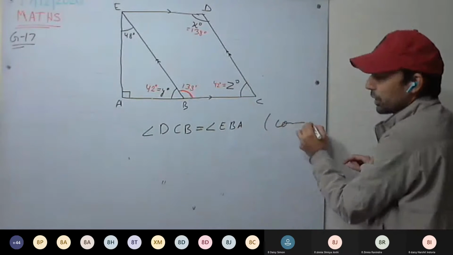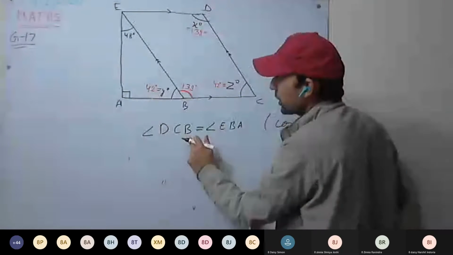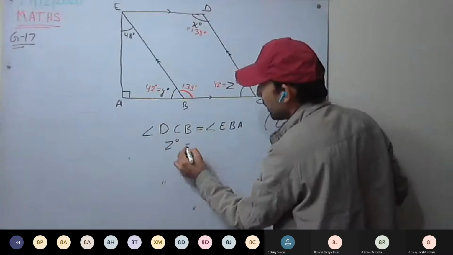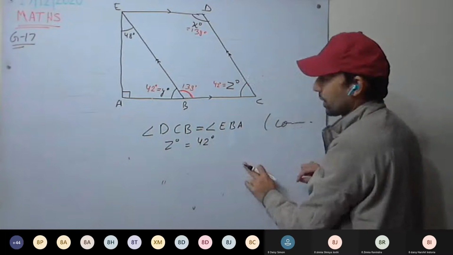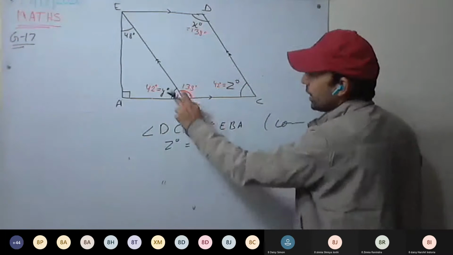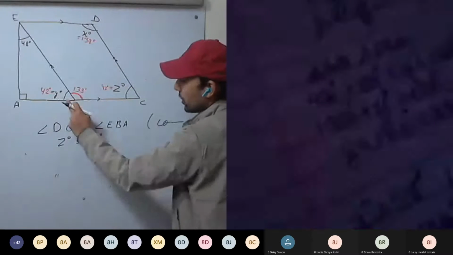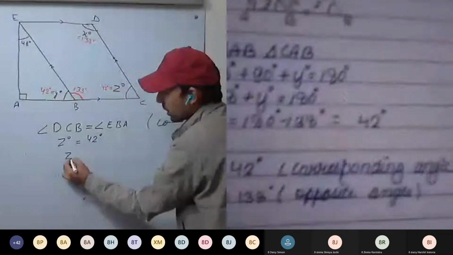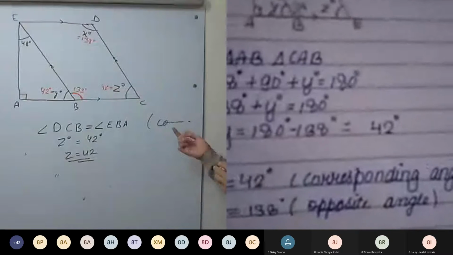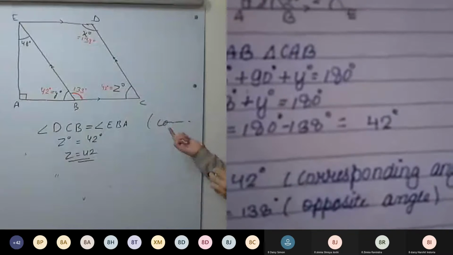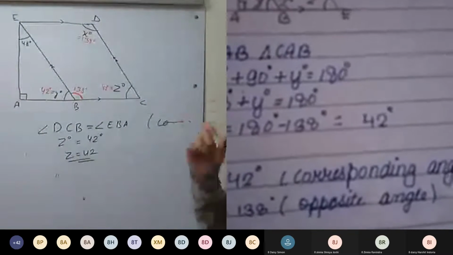Here you write corresponding angles. DCB is what? Z degree equal to Y, that is 42 degrees. So DCB is Z degree, and angle EBA is 42 degree. Or Z equal to 42. This is clear? Here you write corresponding angle. So we know why they are equal, because they are corresponding angle.